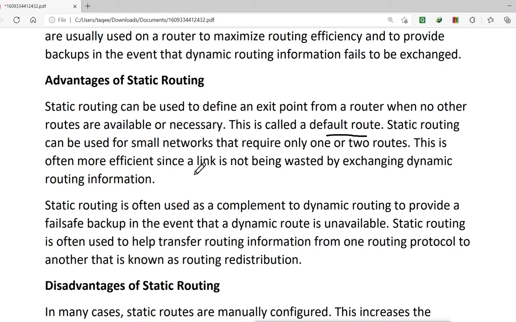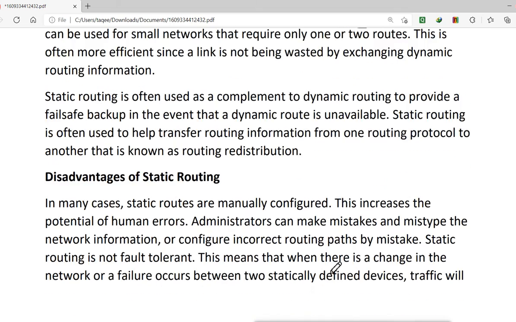For the big network we use dynamic routing. But if suppose the dynamic routing fails, then this route we configure as a backup. Static routing is often used to help transfer routing information from one routing protocol to another, that is known as routing redistribution. Now, what are the disadvantages we have?